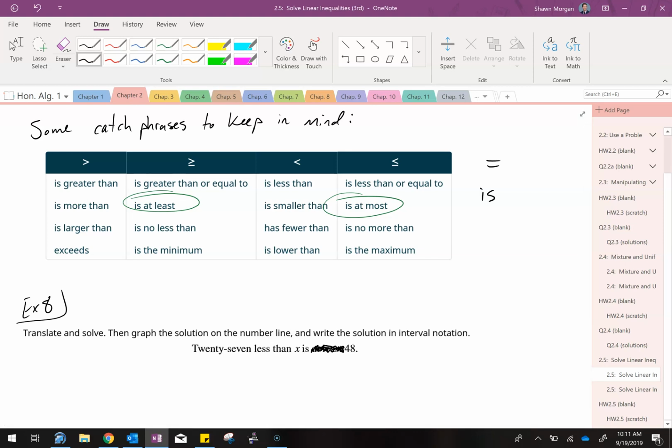Well, we'd say 27 less than x. Remember how that's the reverse order? x minus 27. And again, just think, what's 27 less than my age? Well, it would be my age minus 27. The word is would mean equals, and then 48. Structurally, that's what we're looking at here.